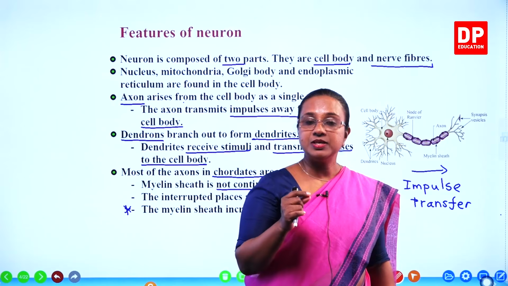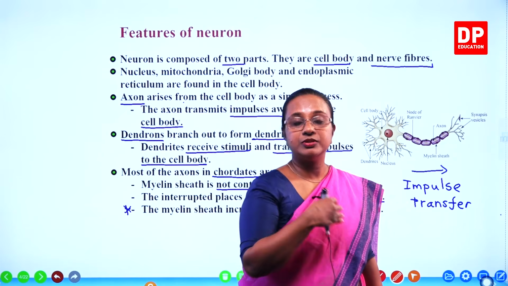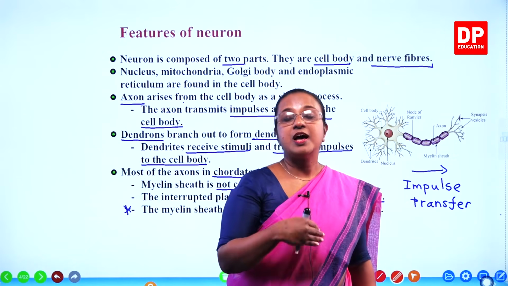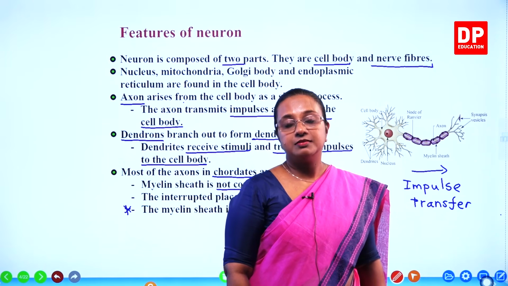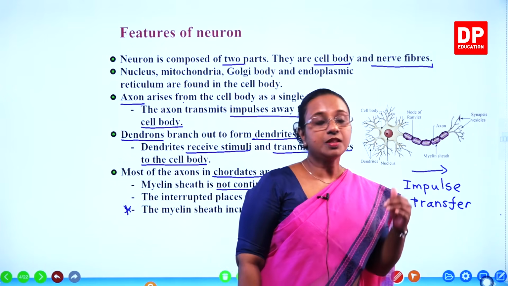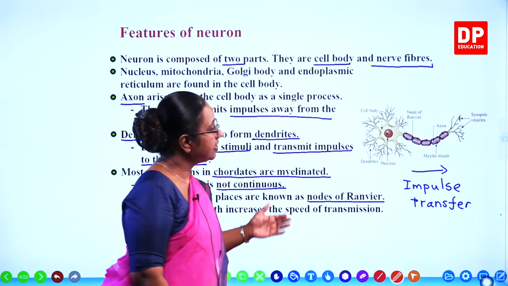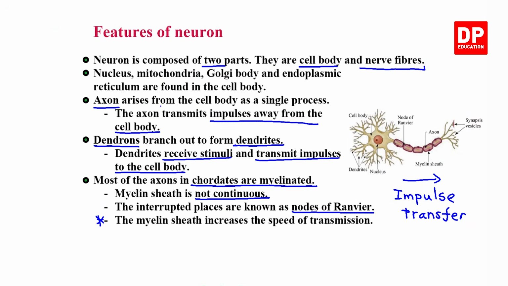These synapses vesicles are connected to the effectors, where the information is given to the next effector. So with these students, we have discussed the features of neuron.